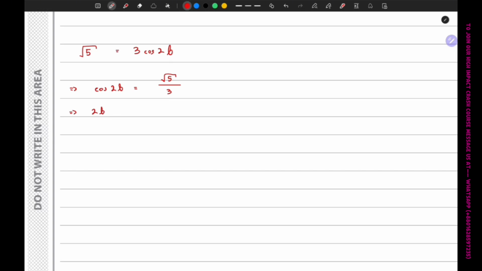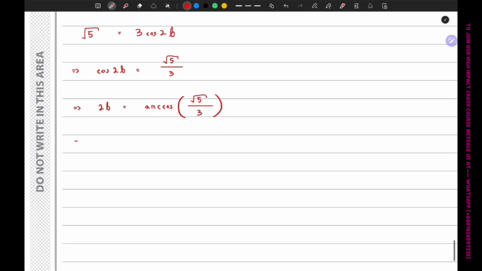Since we need to find the exact value of b also, this will be 2b equals arccos. So arccos of root over 5 by 3.